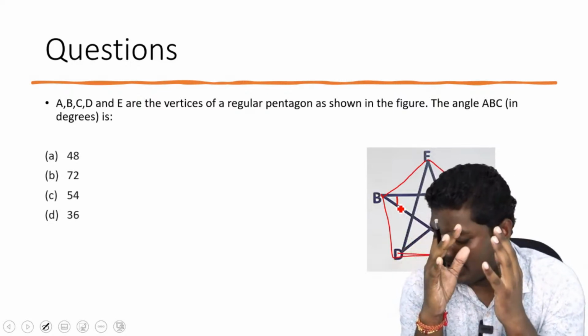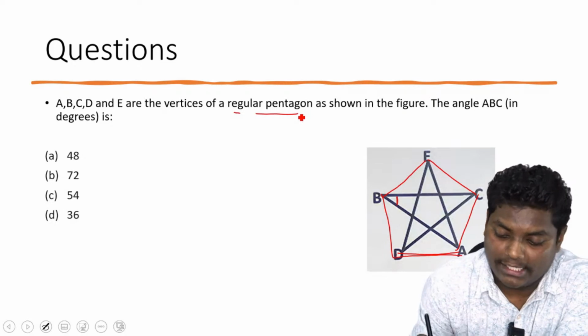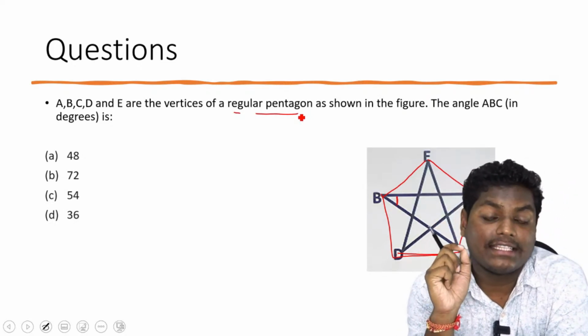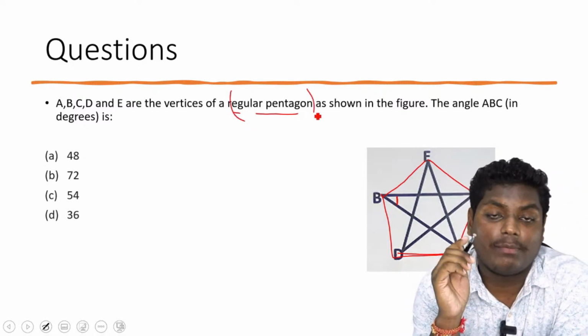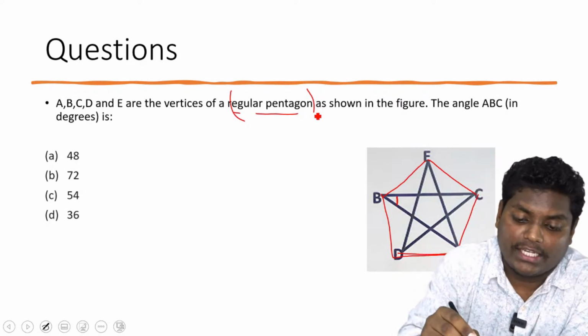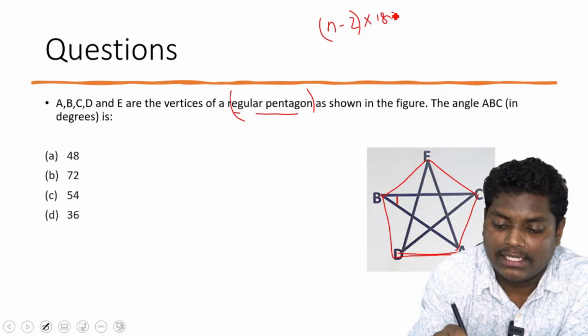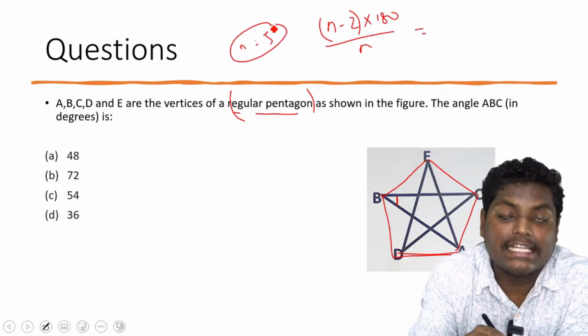Okay, then let's try and understand this question. Since it's a regular pentagon, and if we join the vertices, we can draw this pentagon. What is each interior angle of a pentagon? We can use that formula. What formula have we seen? (n minus 2) into 180 upon n. Here n is equal to 5.